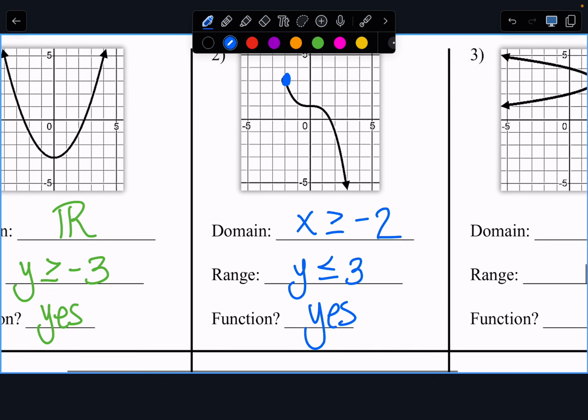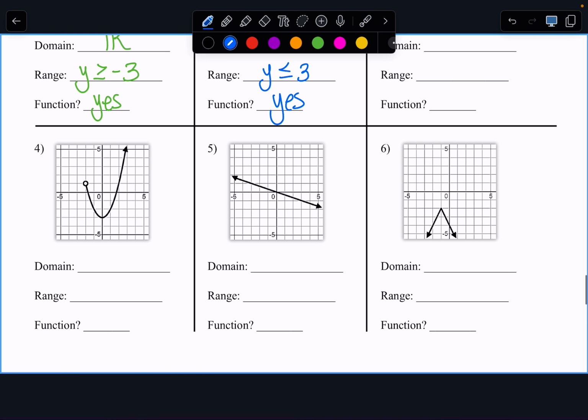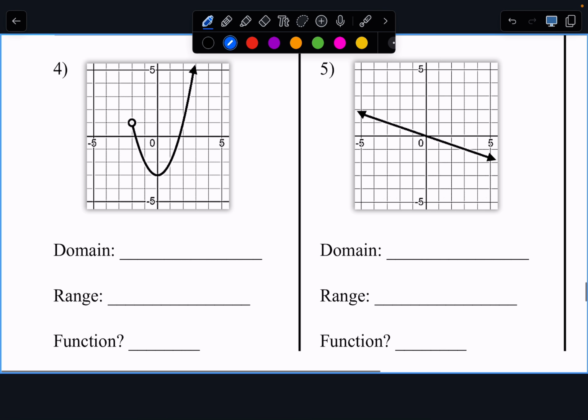All right. I want to go over here to number 4. Why does it have an open dot? Okay. Hey, look. When I look at the domain, do you see how there's nothing to the left over here?